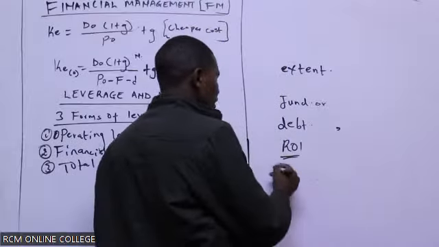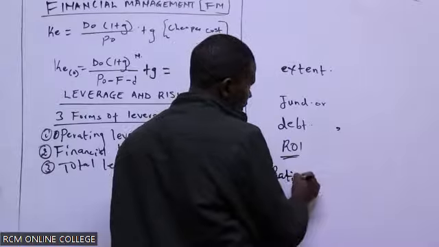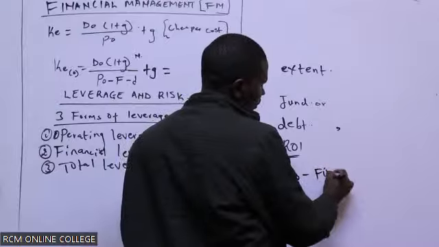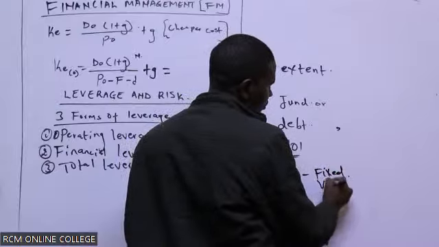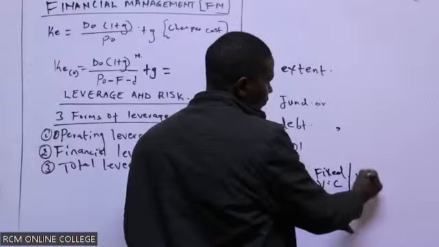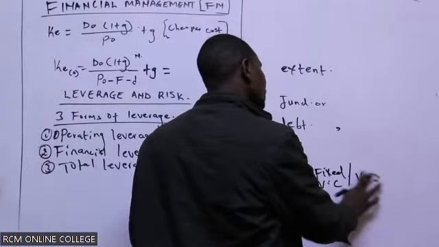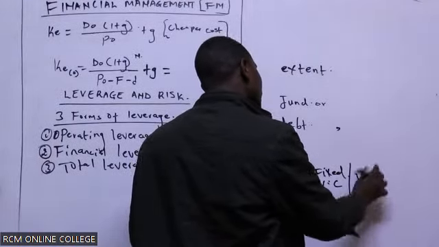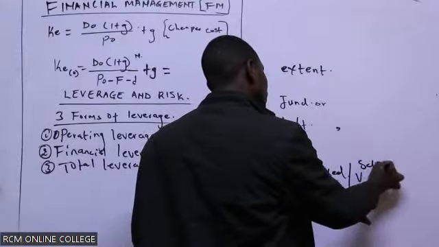So you're looking at the ratio of fixed cost and variable cost, and then there is sales volume somewhere.